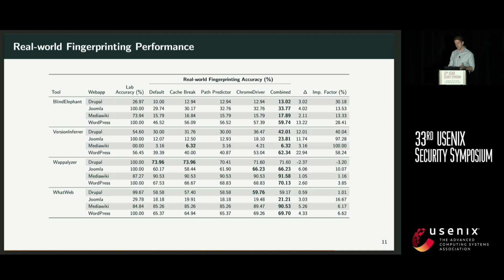However, the good news is that using WASABO and using these network transformations, if you look at the column titled Combined, we're able to improve the performance of these tools pretty dramatically. In the best case scenario, we have about 23% more correct identifications just by using WASABO.